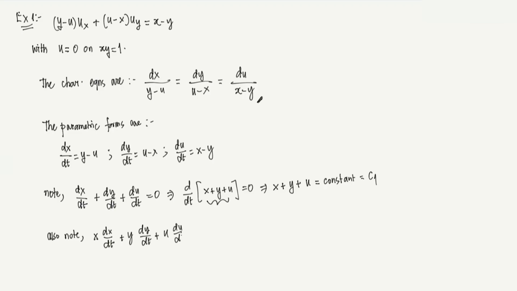First you observe this one, and then you also observe this one. So this implies d/dt of (x² + y² + u²) is 0, which implies x² + y² + u² is another constant. Let's call it C2.